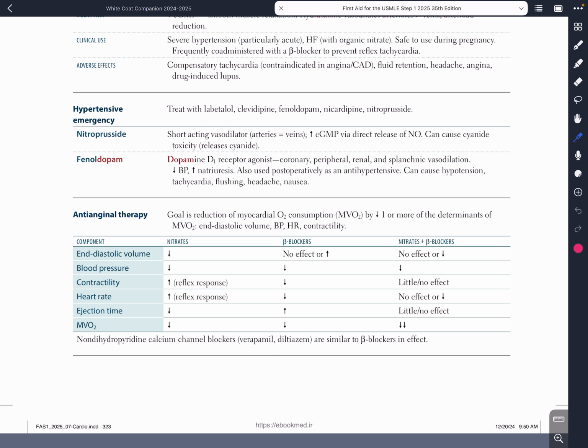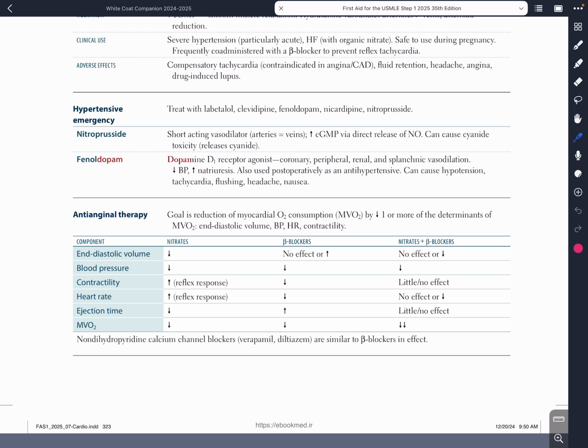Again, the drugs used to treat hypertensive emergency are labetalol, clevidipine, fenoldopam, nicardipine, nitroprusside.